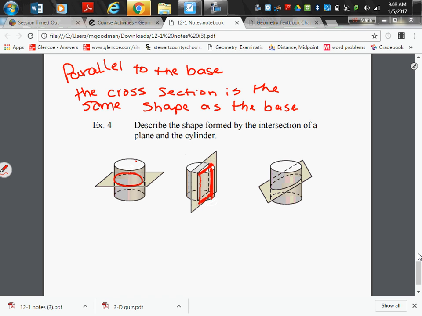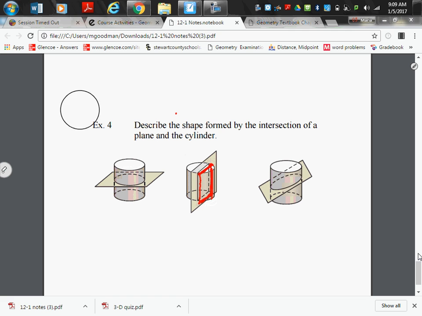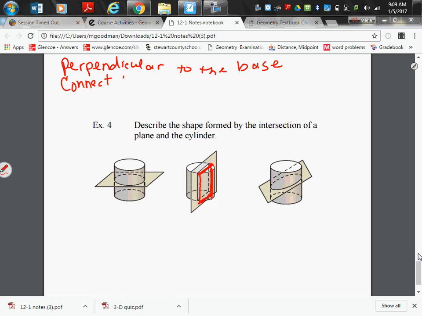So perpendicular to the base, connect the dots, the vertices, the points where the plane crosses the solid.